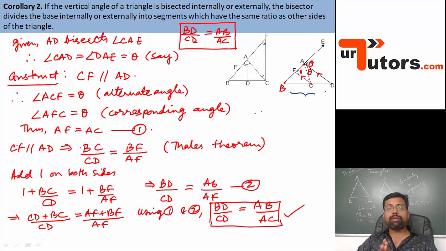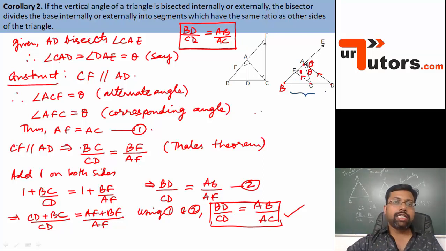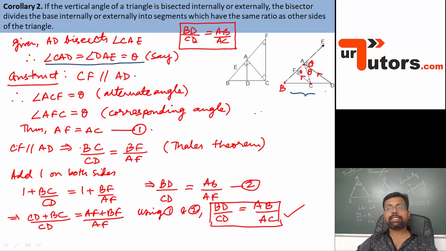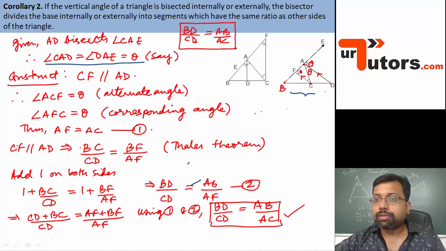Okay. So given that AD bisects angle CAE, we can say that angle CAD equal to angle DAE is equal to theta, because AD bisects the angle CAE. Now you construct CF parallel to AD just like in the case of internal division. Therefore, angle ACF that you can see here, which is right over here, where is it?